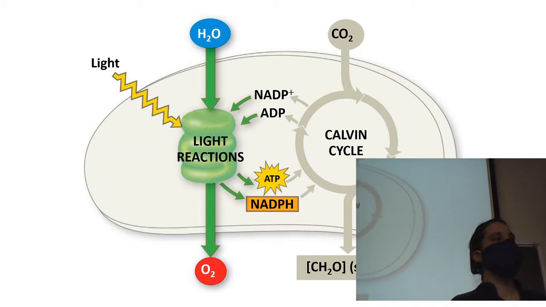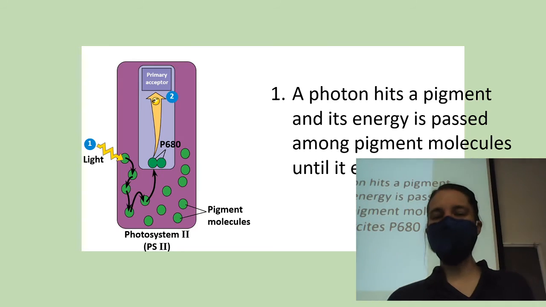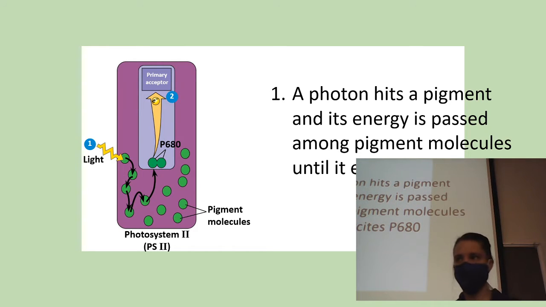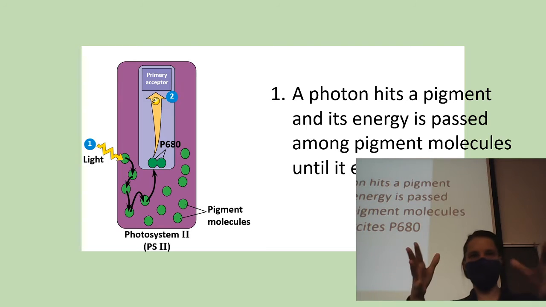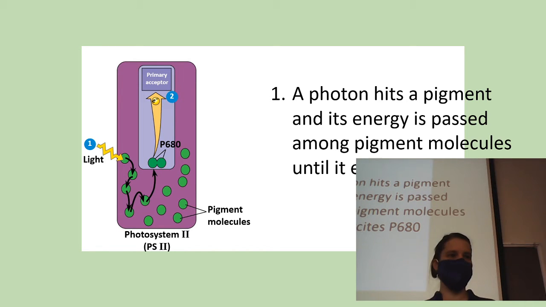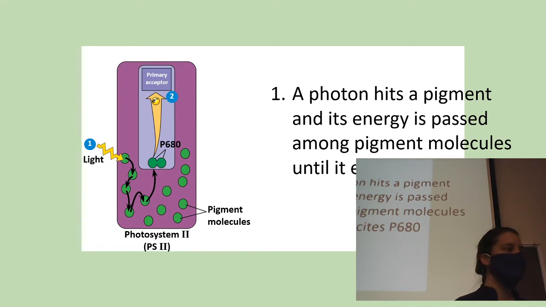Light's coming in, water's involved, oxygen's being given off, we're building ATP, and we're making NADPH, all right? But the steps to get this done, they're here with green backgrounds. Don't memorize the green background ones, but I do want to talk you through it, okay? And I realize I'm like stuck here because I need the online people to know what's happening here.